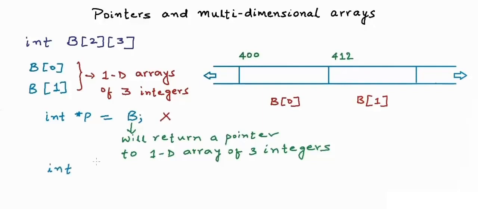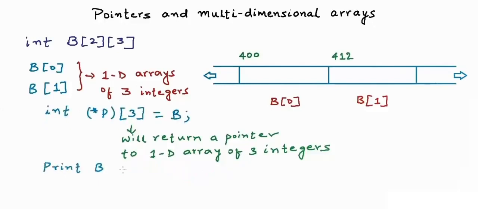We can define a pointer to 1D array of 3 integers like this. And now if I'll equate this with B, this is alright. Equate B with p. This time if I would print just p, which is same as printing address of B[0], this will be 400.